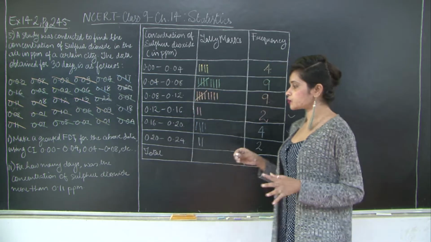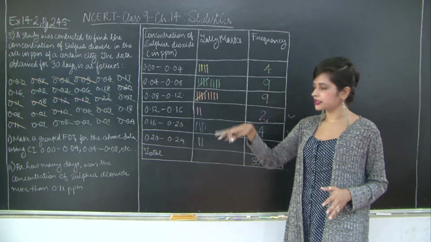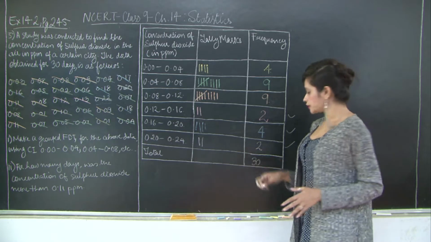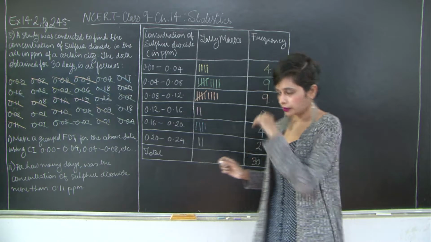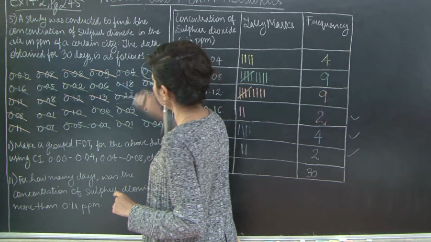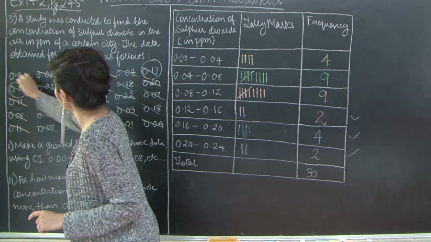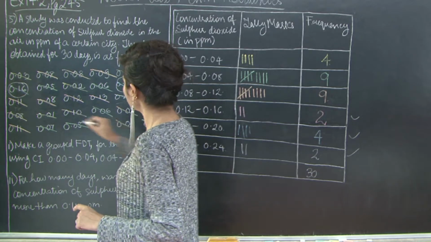So there is only one method to deduce this value, that is we are going to circle all the numbers that are greater than 0.11 and count the total number of observations. So let's check. You have 1, then you have 2, you have 3, you have 4.